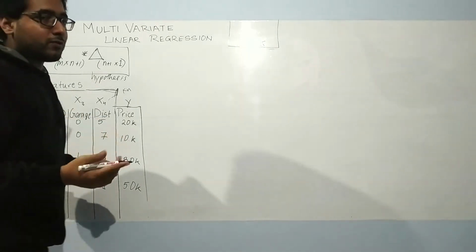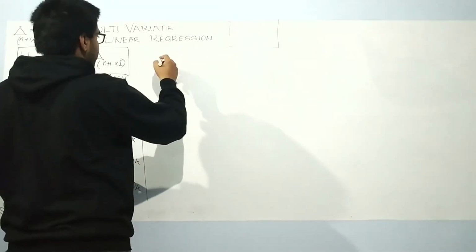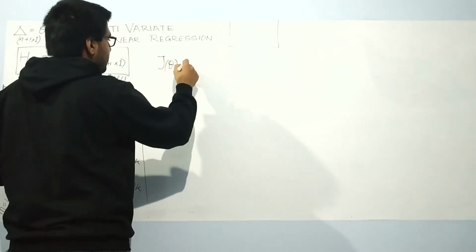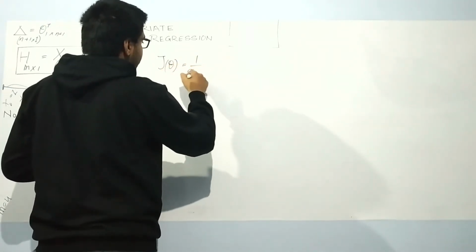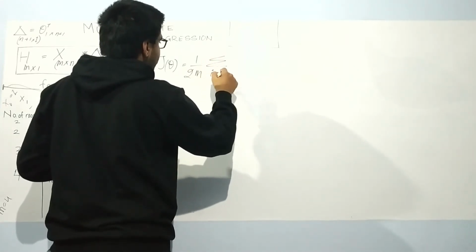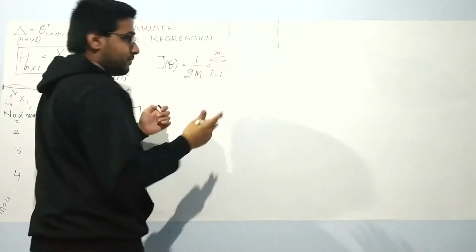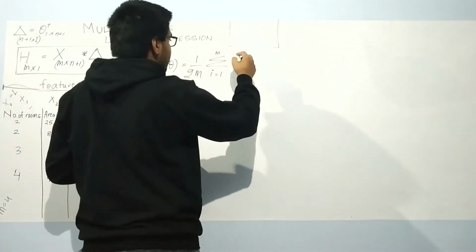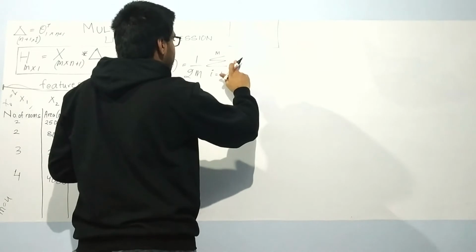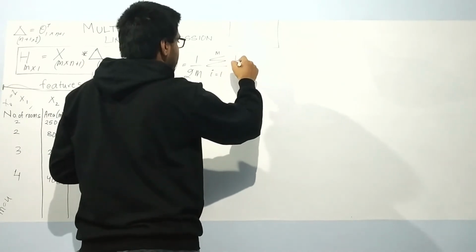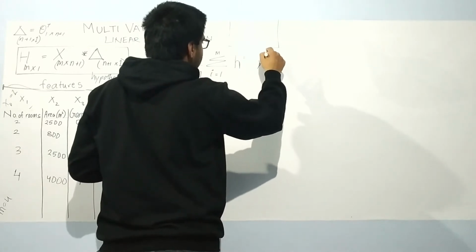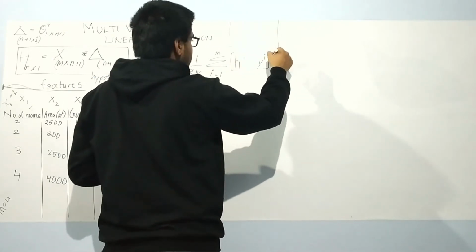As we know from simple linear regression, the cost function would be j of theta equals 1 by 2m summation of i equals 1 to m, where m is the number of examples, of h of i minus y of i, squared.